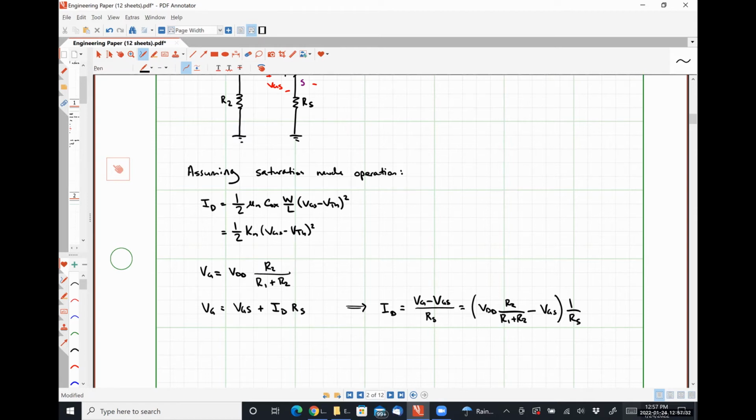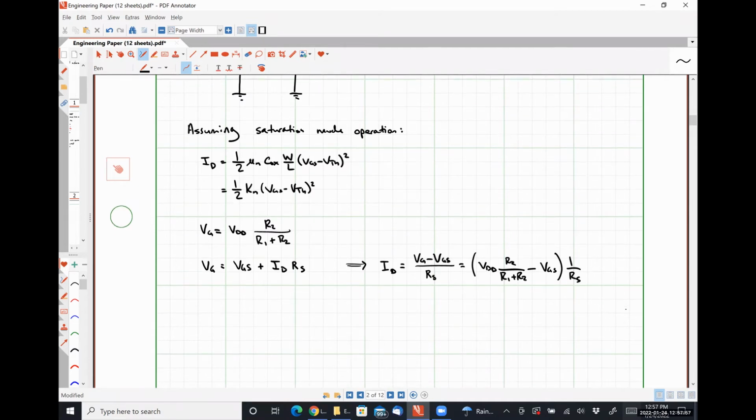All right, so we have an expression for ID in terms of VGS. We have a second expression for ID in terms of VGS. So we're going to equate those two relationships and then do some algebra.